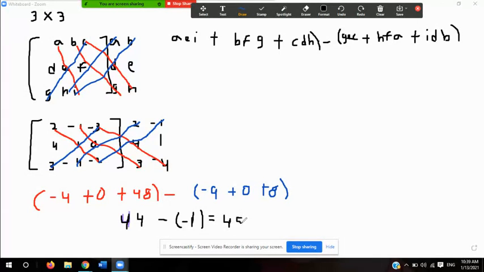Now, we can also use this determinant rule specifically for a 3 by 3 to find the area of triangles. And what I'm going to do real quick is write down the formula for the area of a triangle, and then we'll see one example, and that will be the end of this video lesson.